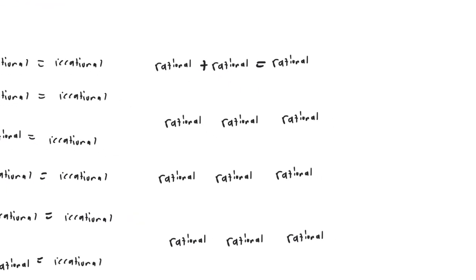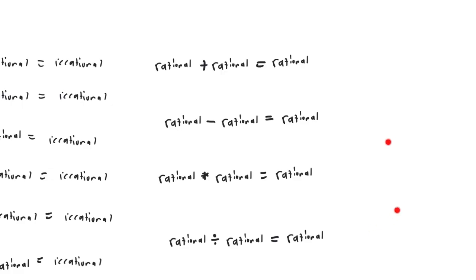A rational number minus another rational number, you're going to get a rational number. Rational times a rational, you're going to get a rational. And a rational divided by a rational, you're going to get a rational number. So whenever there's no irrational numbers being introduced into the situation, the output is going to be rational.